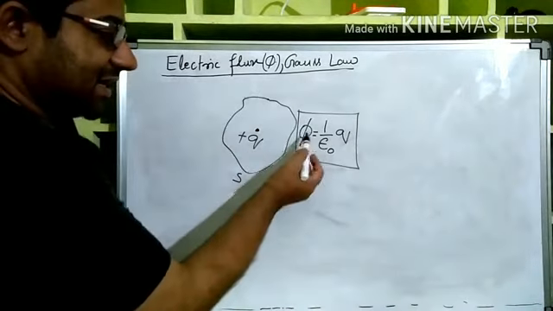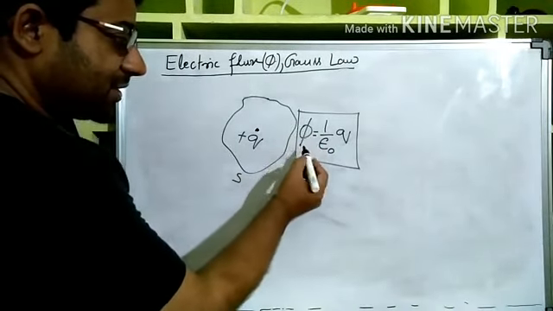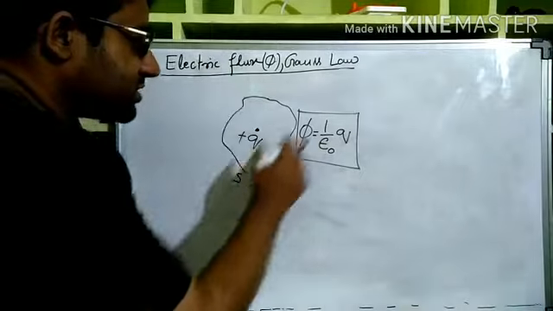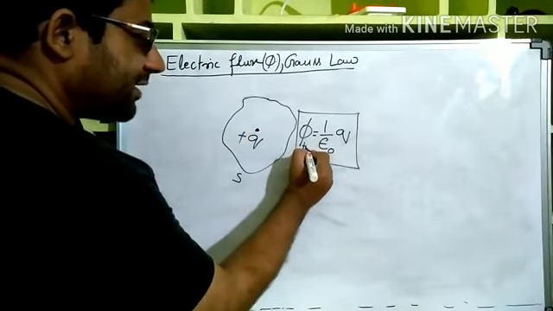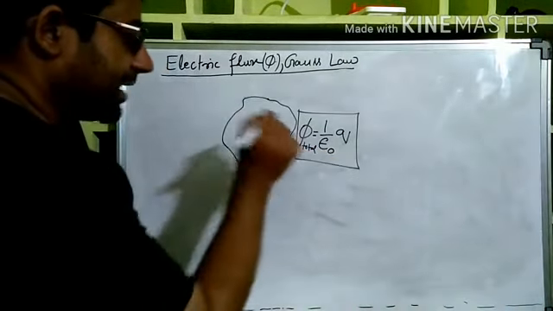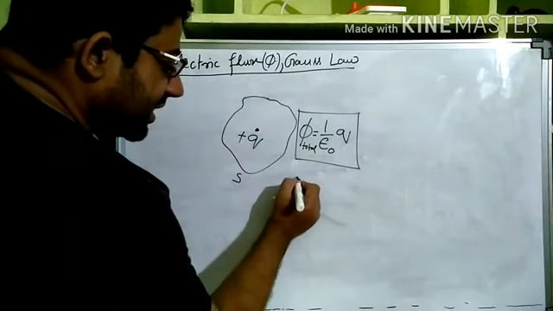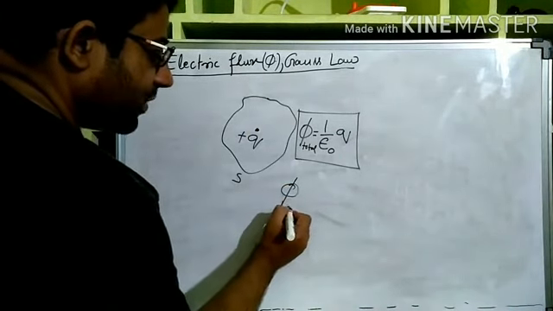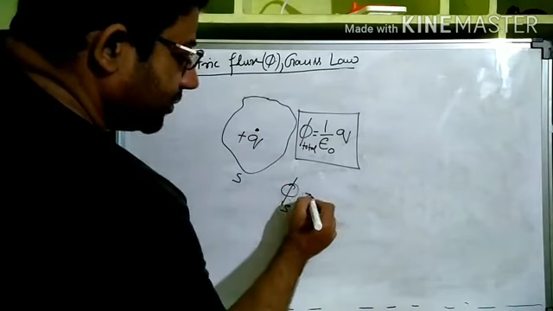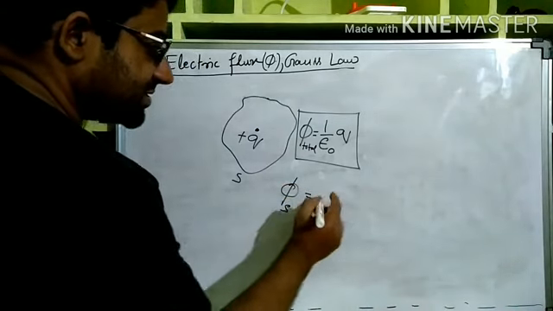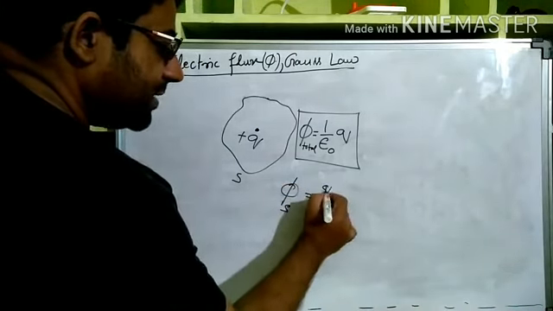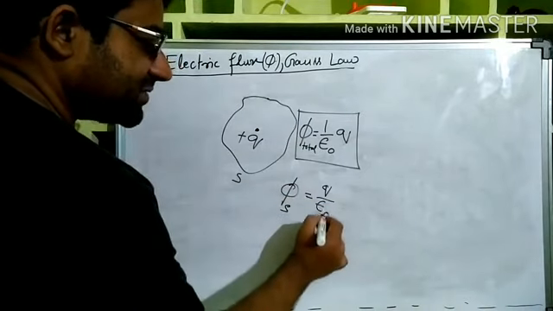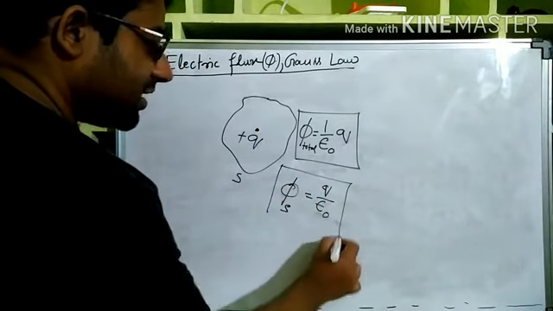Clear? Which says that what is phi? It is over the closed surface, the total flux. Let me write it, total flux. And mathematically, to be more accurate, we will be saying flux over S is equal to, over S means over the closed surface S, is equal to Q by epsilon naught. 1 by epsilon naught times Q. Why epsilon naught?